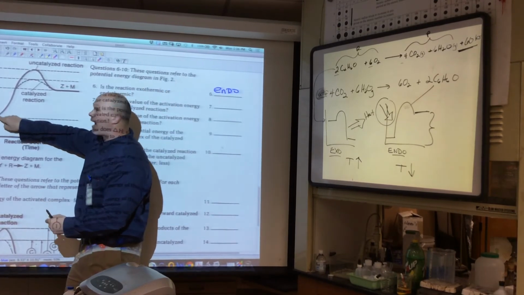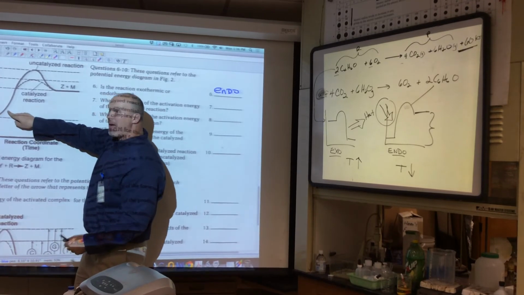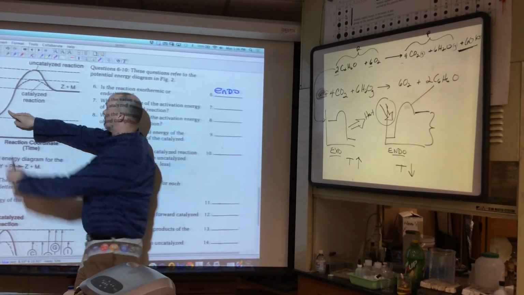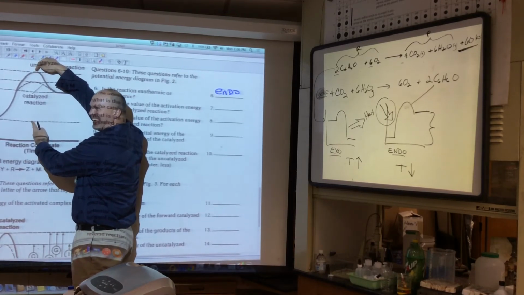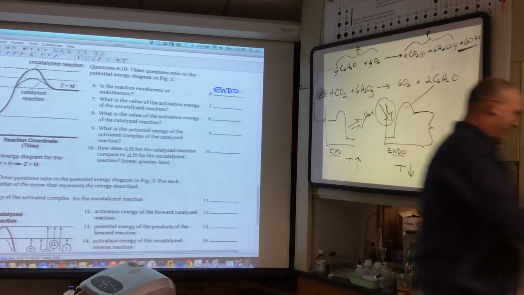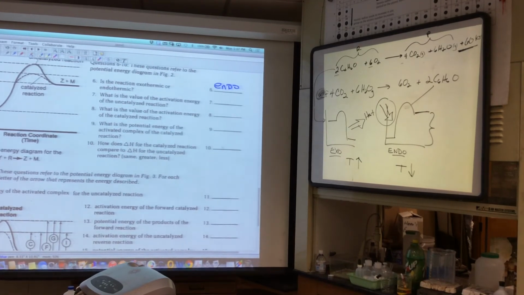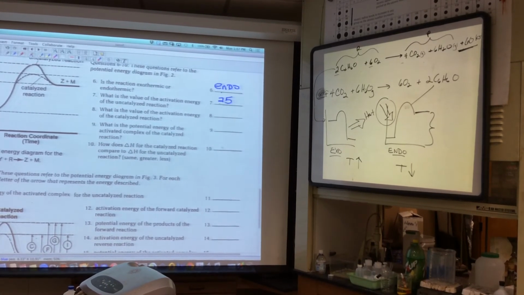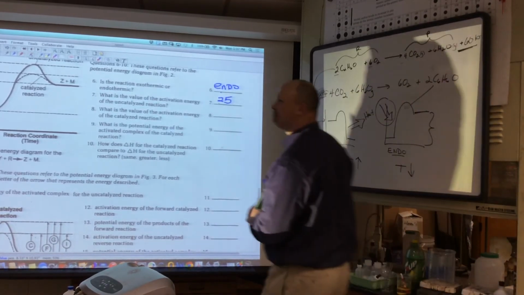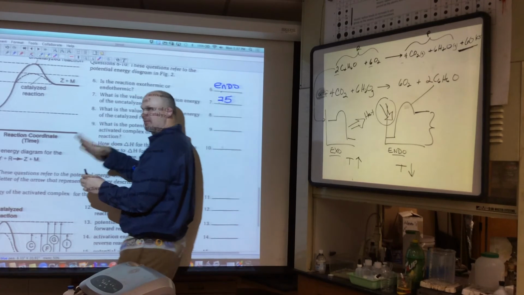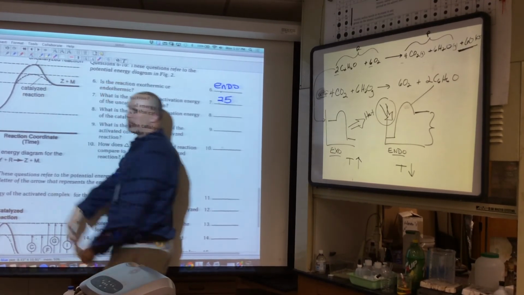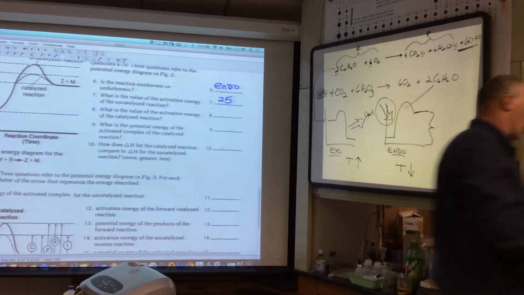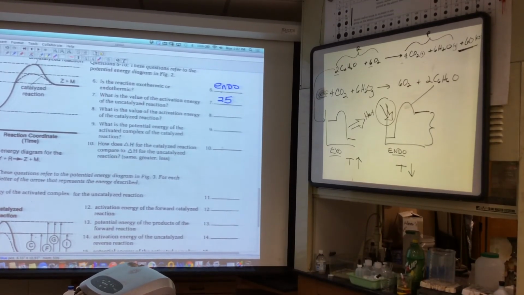The energy that I need to climb the slide, but I'm unmedicated, so that sucker's big. 25. What's the value of the activation energy of the catalyzed reaction? Catalyst means medicated. I've calmed it down. So now it's 20 kcals.